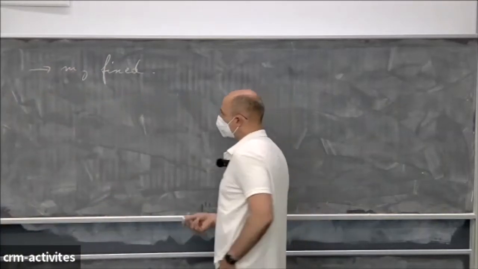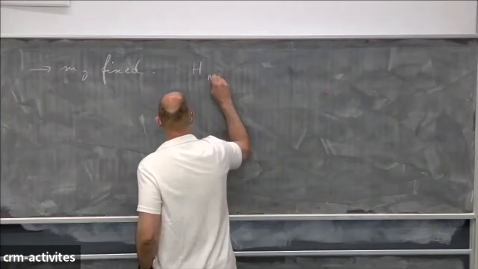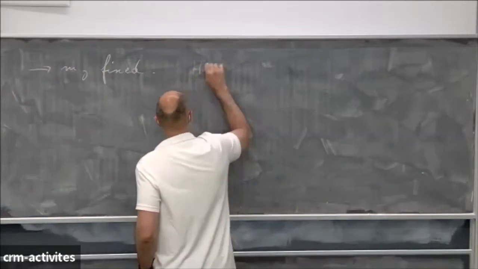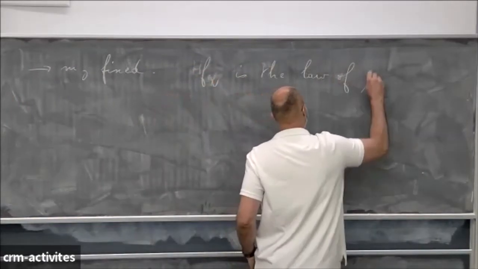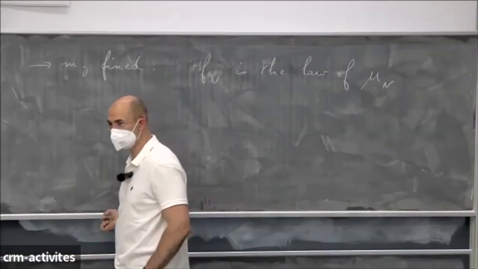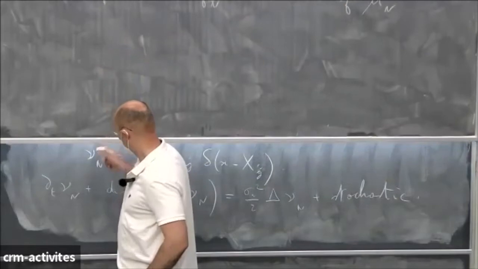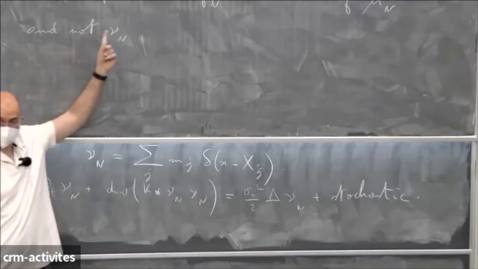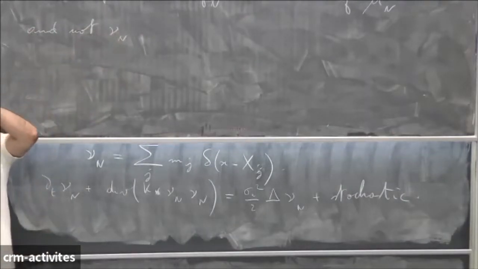And now the problem is Hn, Fn, right, of nu n, and not the law of the right empirical measure that you would like to consider, which is this nu n. Stuff will start to break down. You cannot write a nice PDE over something that would be another joint law that would be the law of nu n. It doesn't exist. But it still doesn't break down everything, even in that case.